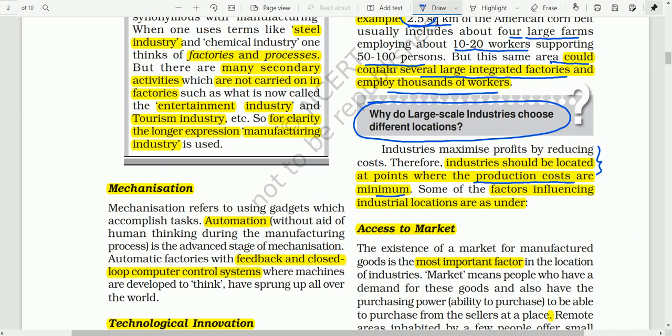All industries should be located at the point where the production costs are the minimum. So this is also known as the least cost theory of industrial location.